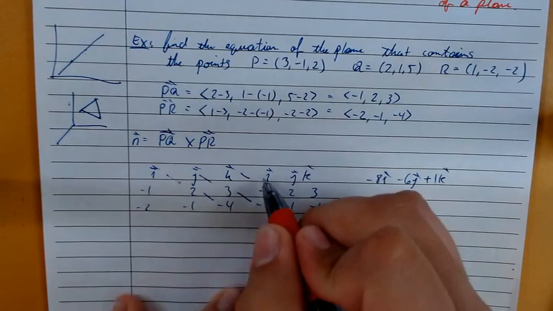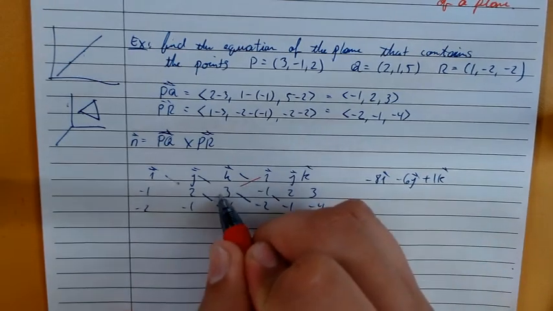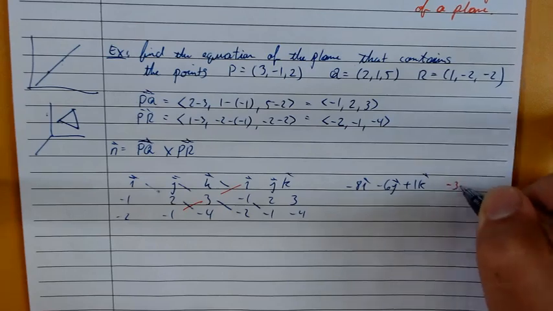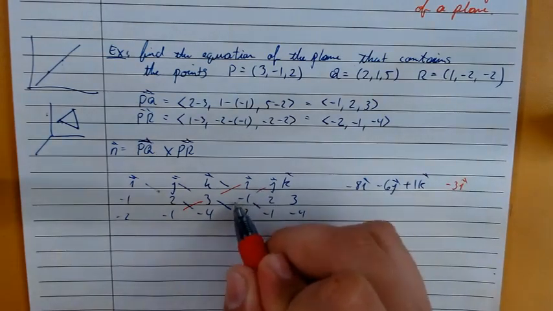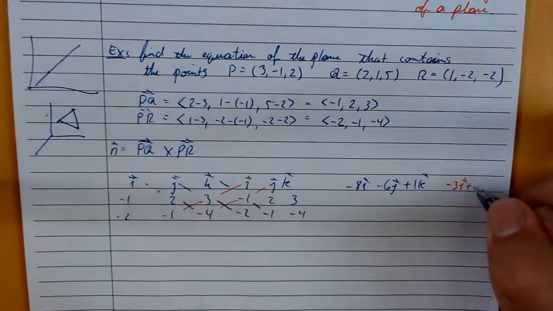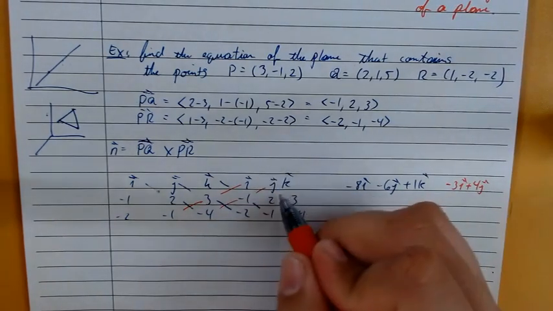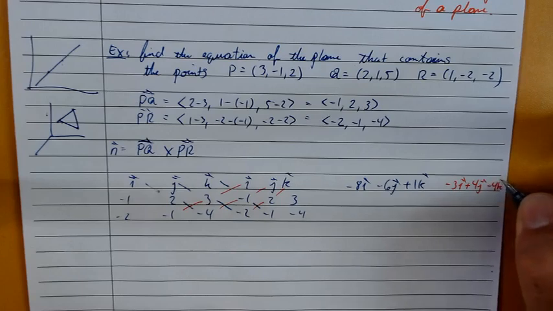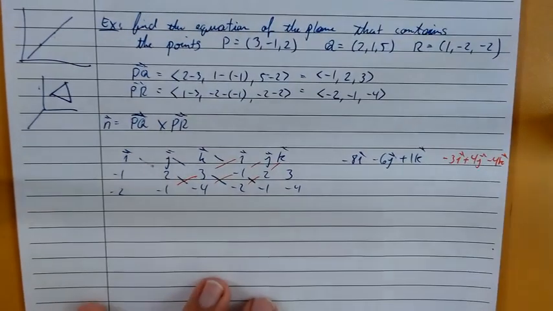And then going back the other way, this will be negative 3i. That'll be positive 4j. And this will be negative 4k. And then once you have those, you're going to subtract them.